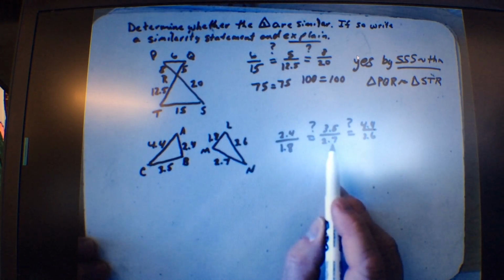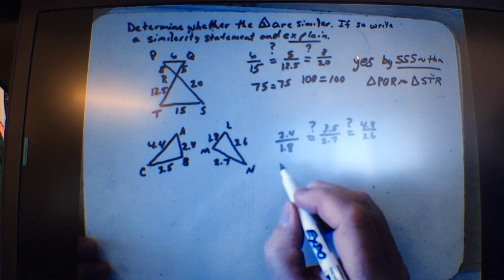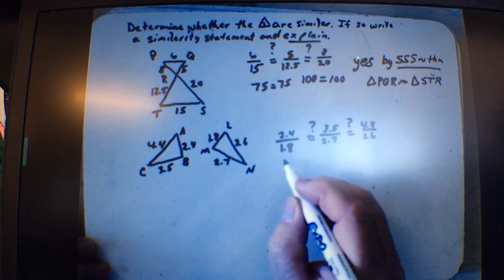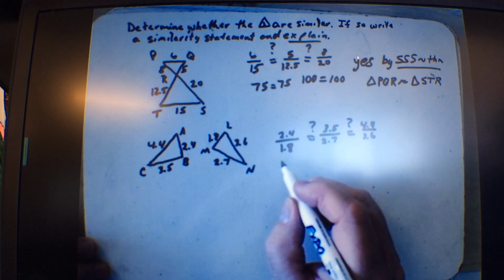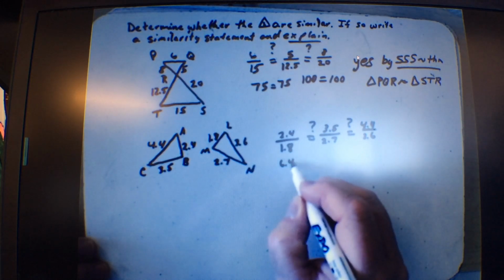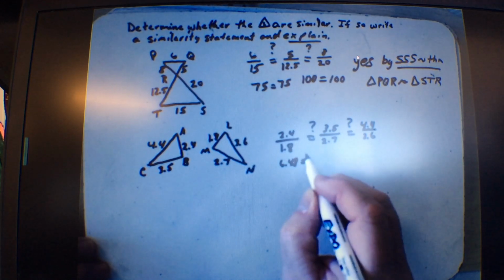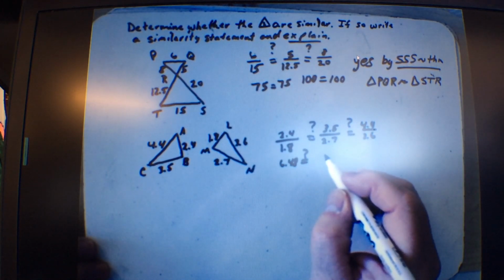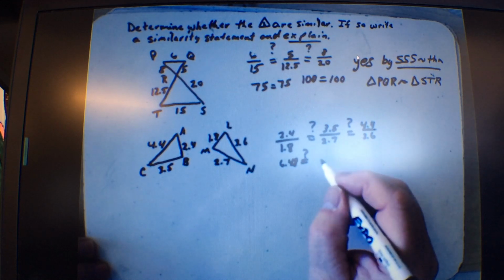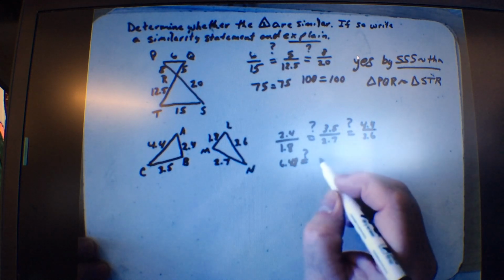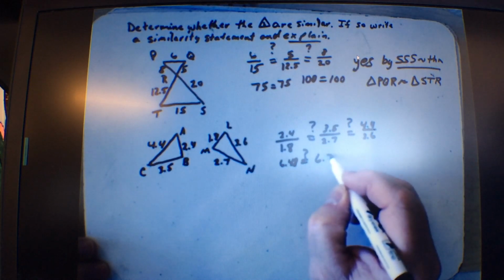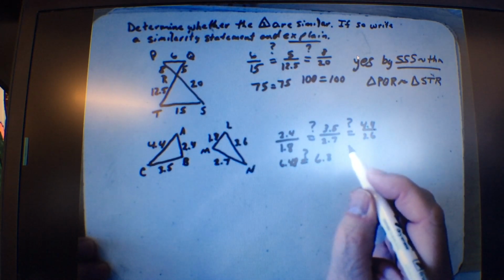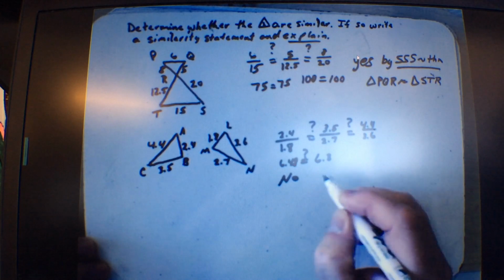What is 2.4 times 2.7? 6.48. Do you agree? Does that equal 1.8 times 3.5? 6.3 does not equal. So this is no.